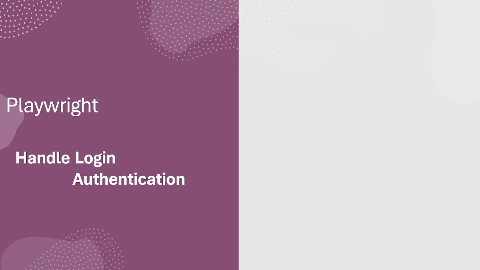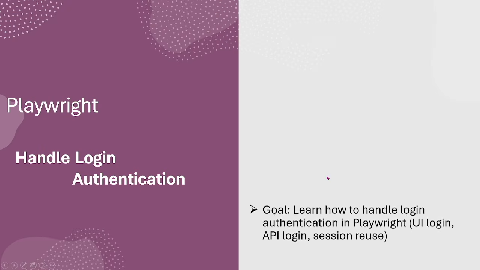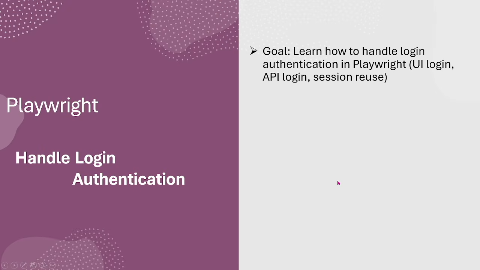Welcome to our automation testing channel. Today we'll talk about how to handle login authentication in Playwright. Goal: learn how to handle login authentication in Playwright: UI login, API login, session reuse.